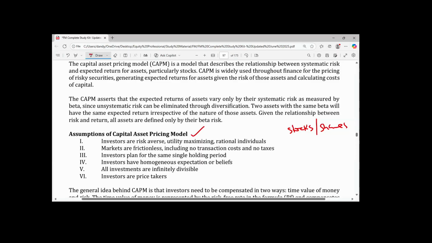The first assumption is that investors are risk averse, utility maximizing, and rational individuals. What do you mean by this? When you say investors are risk averse, it means that investors do not like risk.